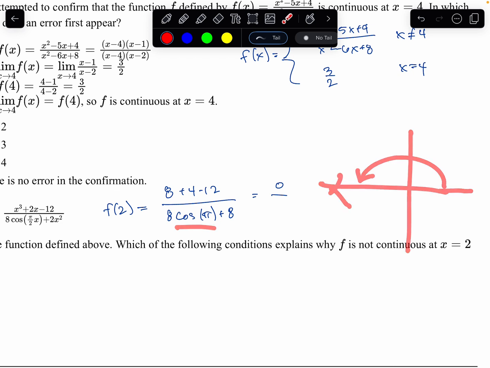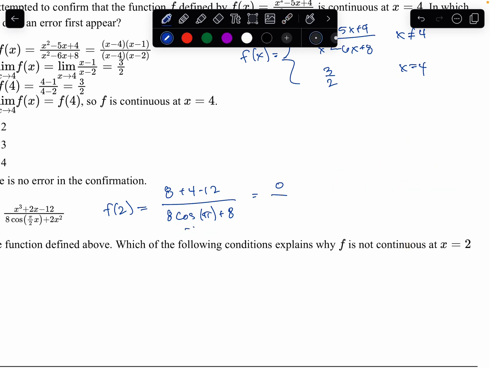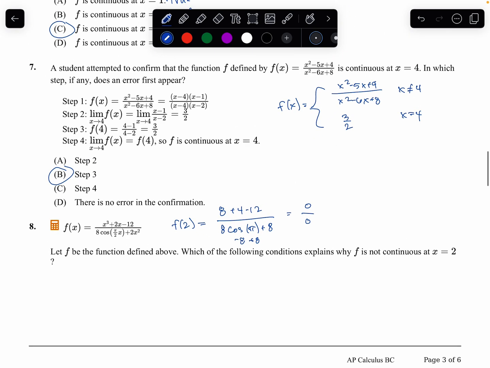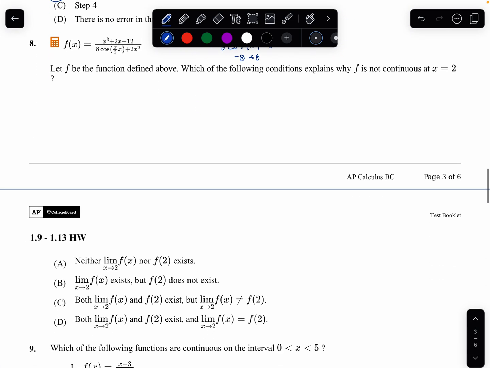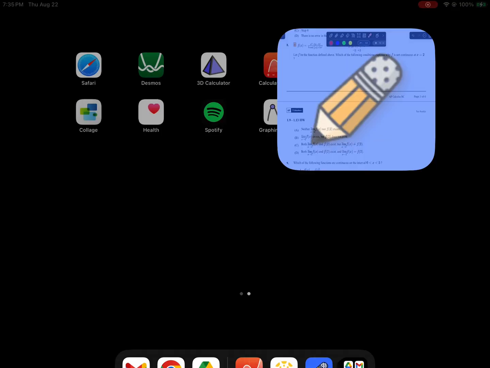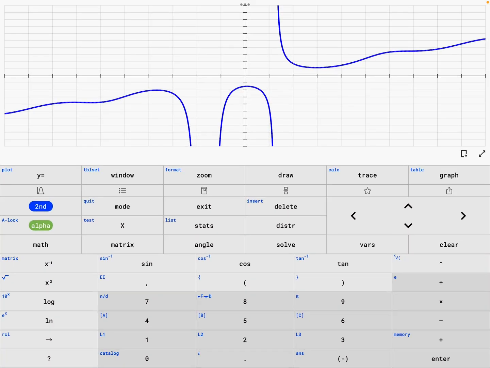Cosine is -1 right there, so this would become -8 plus 8, which is 0. I can't say for sure that the limit doesn't exist, but I do have a graph to check it. F of 2 doesn't exist, so let's check and see if the limit exists at x equals 2.